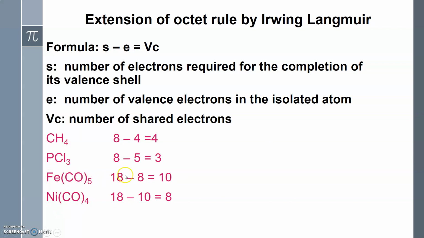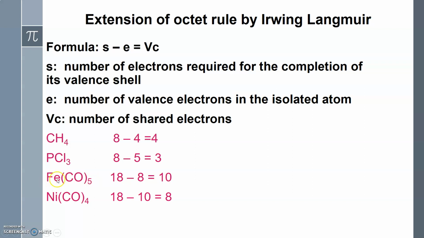These transition metal compounds try to achieve 18 electron configuration in their outermost shell. For iron, the number of electrons present in its valence shell is 8 because it is 3d6 4s2, and for nickel the number of electrons present in its valence shell is 10 because it is 3d8 4s2. So now the number of electrons gained by the iron through the shared electrons is 10.